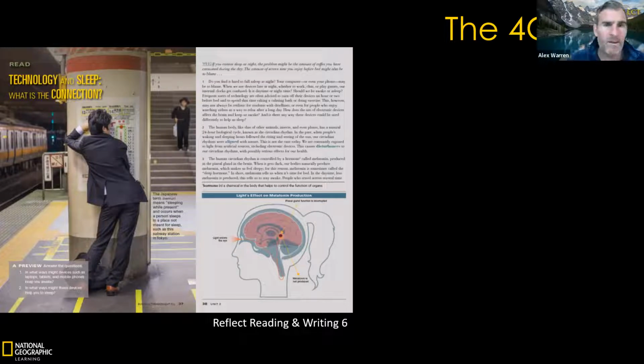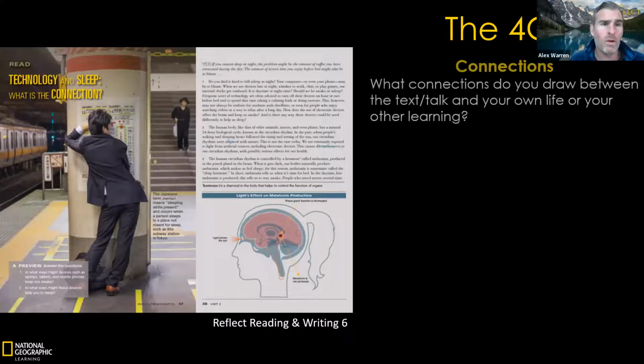So the first C stands for connections. So in groups, what connections do you draw between the text or the talk and your own life or your other learning? So here we've got an article all about technology and sleep. How does that article connect to my life and my experiences?